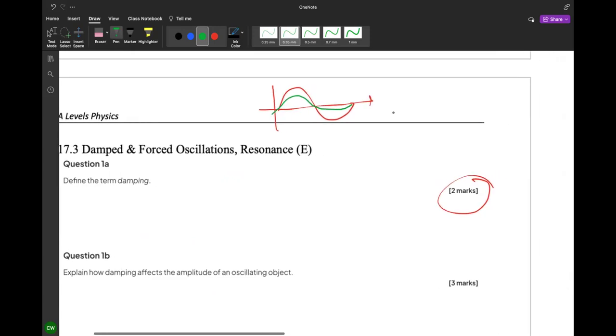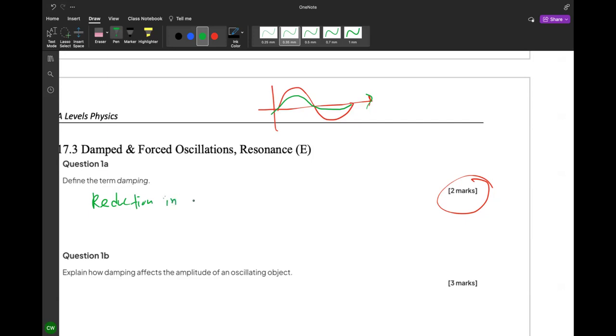So here you talk about the reduction in energy and amplitude. Damping is a reduction in energy, amplitude, or oscillation. Reduction, that means it's decreasing. Reduction in energy and amplitude of oscillation.